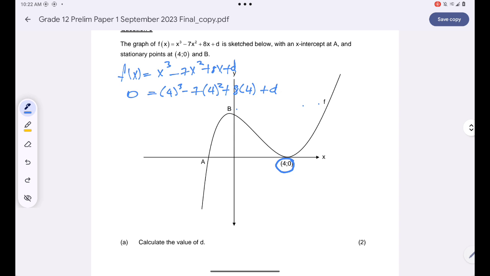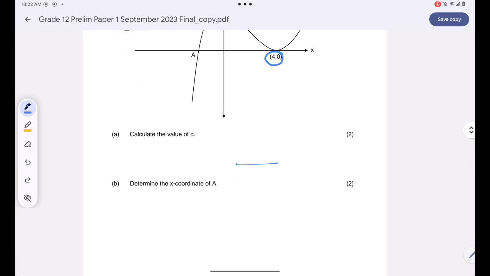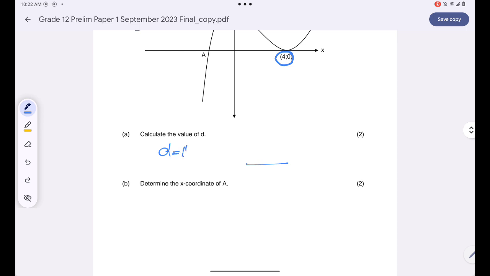So on the left hand side, I'll simply have 4 to the power 3 minus 7 times 4 squared plus 8 times 4. This will just give me a negative 16 on the left hand side plus d, and therefore d is just equal to 16. So I now know that the value of d is just equal to 16.